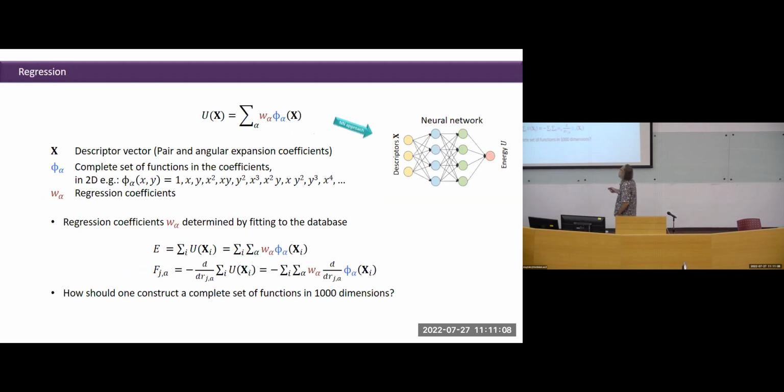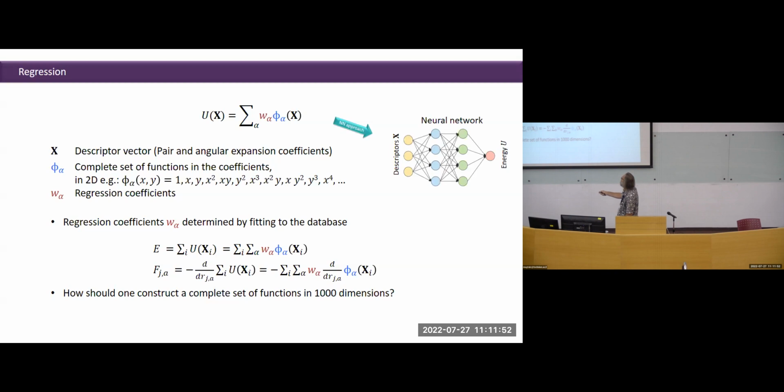Now, there are a few routes that were taken. One very important and very convenient one is to go through neural networks. When you don't specify any functional form, you basically have the descriptors on one side of your network and your energies on the other side, and you adapt all these weights until those match. That is not the thing that we do. We are faced with the problem that if we want to make such a nonlinear expansion, you could ask yourself, what is the size of that problem?